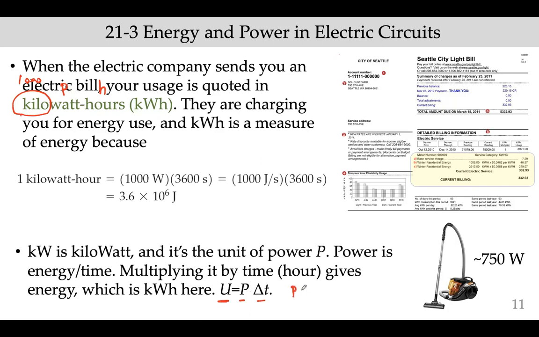Remember, power is by definition energy or work divided by time. So the electric company bills you by the amount of energy that you use. This whole thing, kilowatt hours, is the energy consumed.